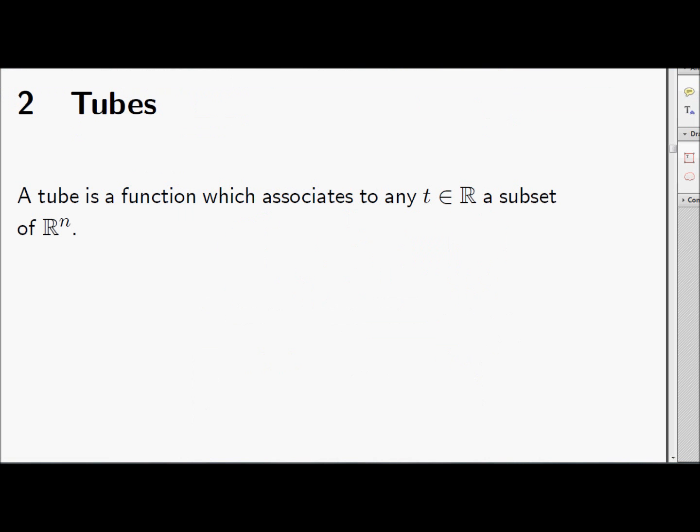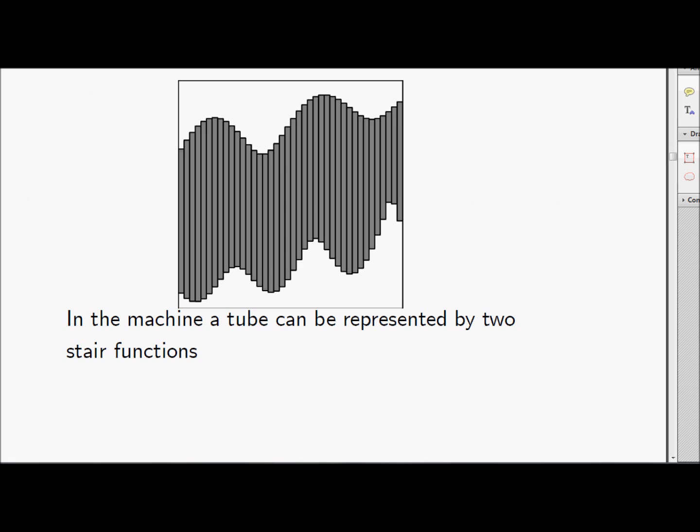Okay, how can I represent a tube inside the machine? I can represent it as a discretization. Here, for instance, I will have the time t, and here the state space, which can correspond, for instance, to x.